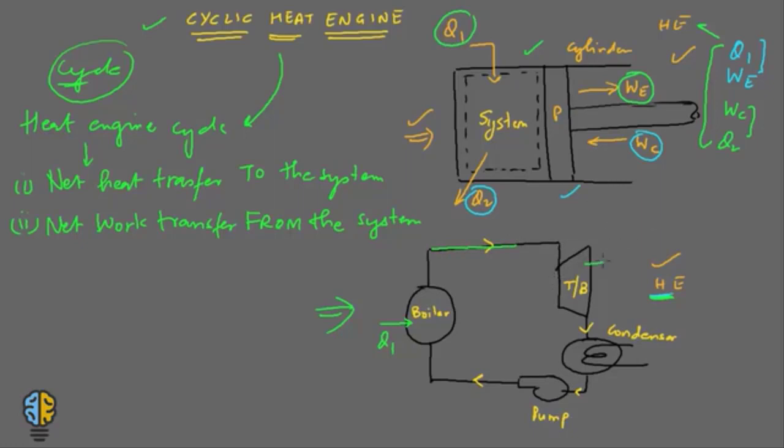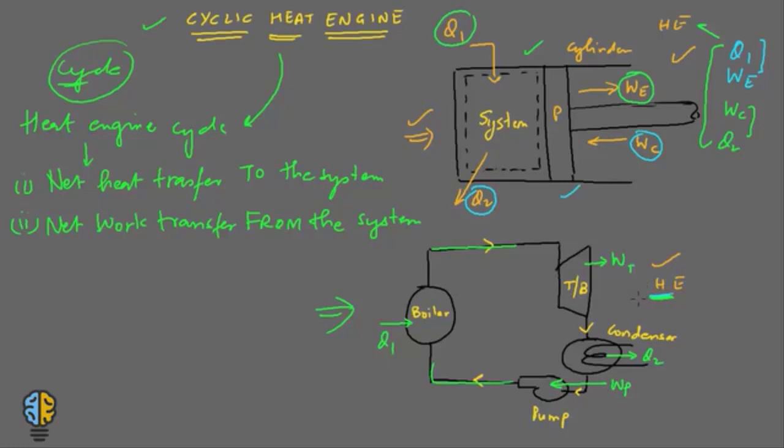The turbine gives us some work output, that is WT, the shaft work output. Now the condensate will go into the condenser, which will reject some heat. So let us say that the heat rejection is Q2. Now this condensate which comes into a pump has to be put back into the boiler, so you'll have to provide some work input, and that is the pump work, WP.